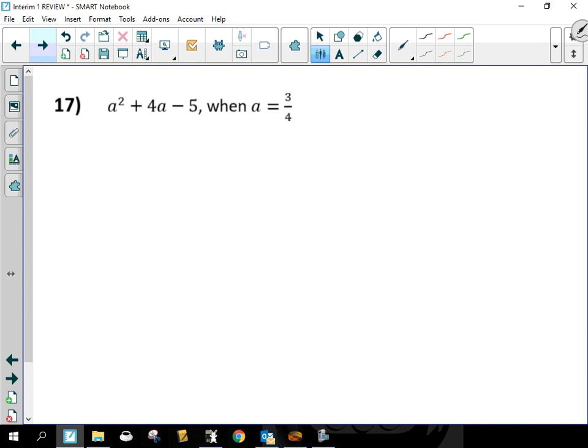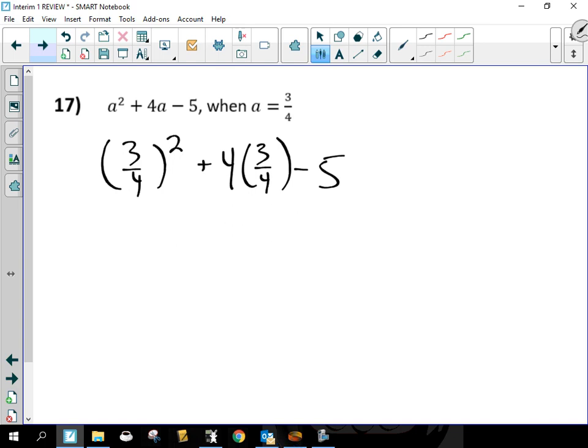For 17, this is going to be 3/4 squared plus 4 times 3/4 minus 5. If you square a fraction, you square the top and the bottom.